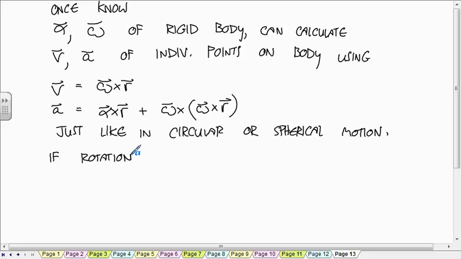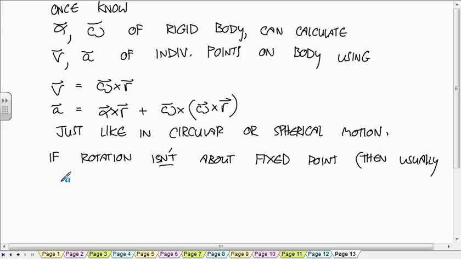If the rotation isn't about a fixed point, then it's usually going to be about the center of mass. And the calculation you do is the same way we did it when we talked about circular motion that's fixed to some other thing that's moving, where you use the relative motion equations.